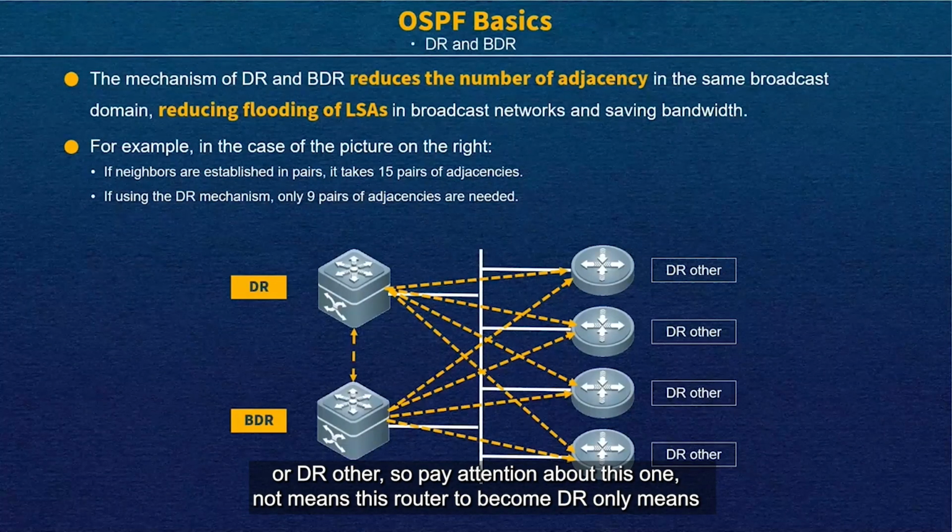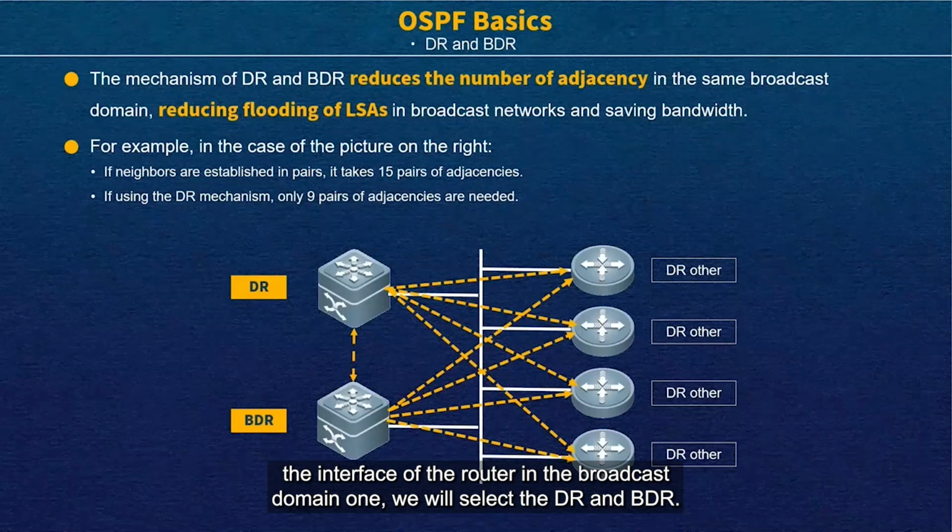So pay attention to this. It doesn't mean the router becomes DR, it only means that for the interface of the router in broadcast domain 1, we will select a DR and BDR.